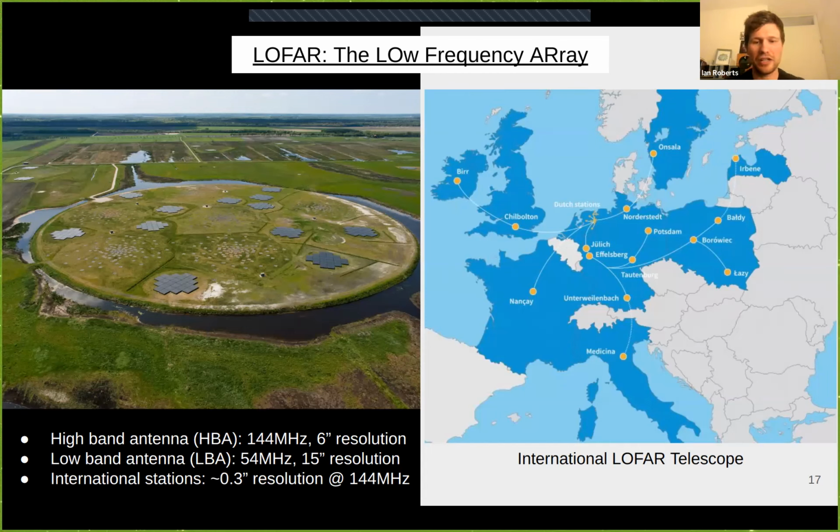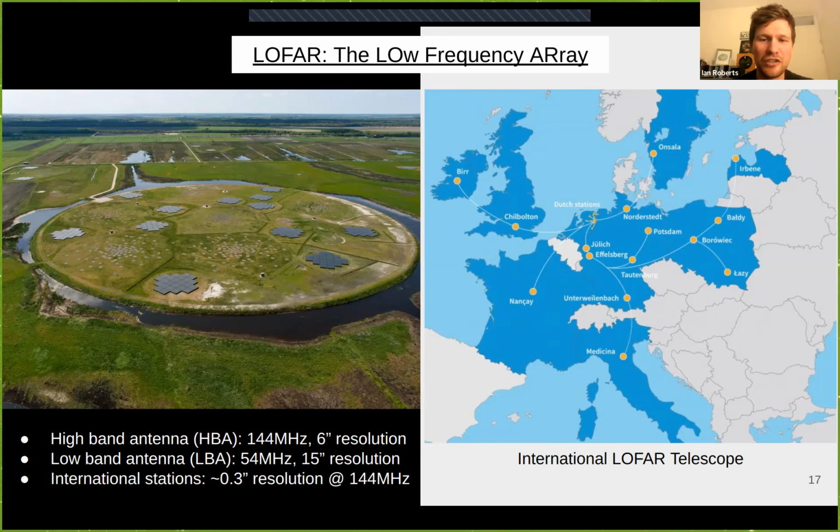These are known as the international stations, which all form what's often called the International LOFAR Telescope. These international stations greatly increase the baselines for your interferometer, and therefore you can achieve much higher resolution. I'm just mentioning this for anyone that's interested. Everything I talk about today is going to be with data from the Dutch stations.